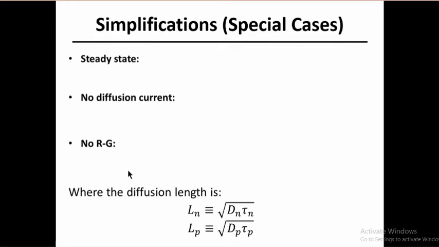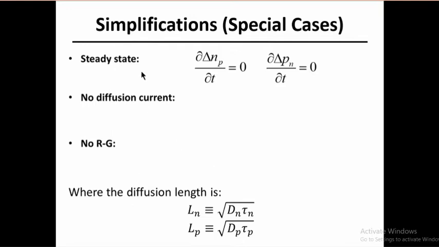Before I state the steady state condition, I want to give you this equation that we always refer to, the diffusion length. The diffusion length equals the square root of the diffusion coefficient multiplied by the time it took to diffuse across.